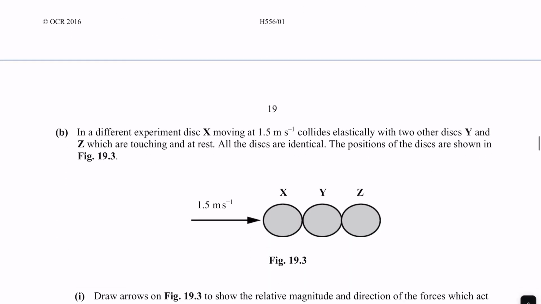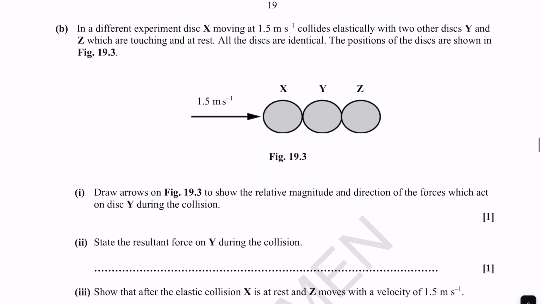So for part B, it says, in a different experiment, disk X moves at 1.5 meters per second and collides elastically with two other disks Y and Z, which are touching and at rest. All disks are identical.